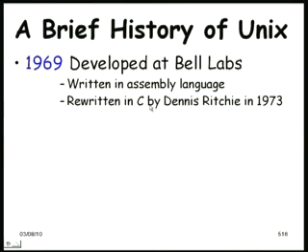So, if we look at the history of Unix, developed at AT&T Bell Labs in 1969, written in assembly language, and it was rewritten by Ritchie in C language in 1973.